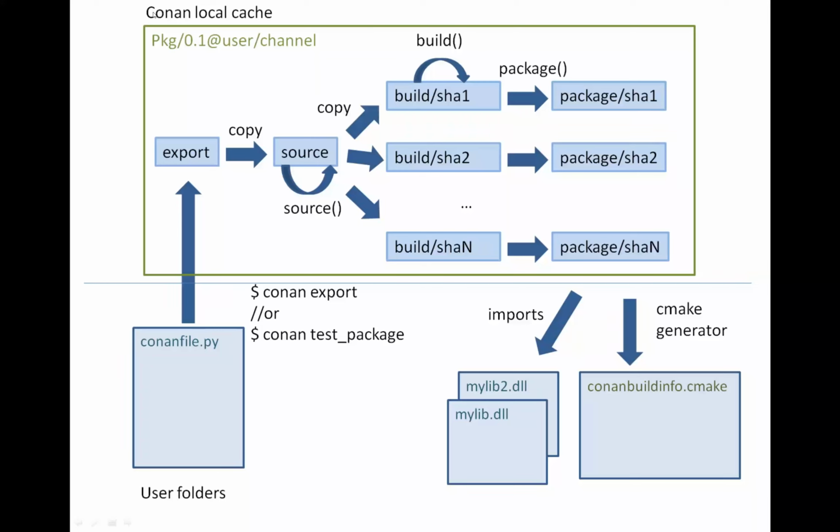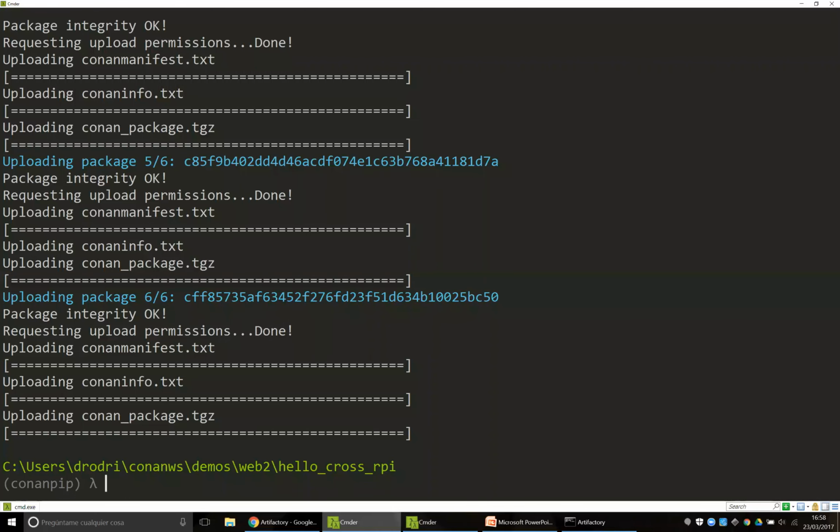And again from Sebastian: how can I have additional settings that affect the binary, like linked against glibc 2.xy, via package ID? Okay, yeah, that's also a very good question. I'm going to show you.